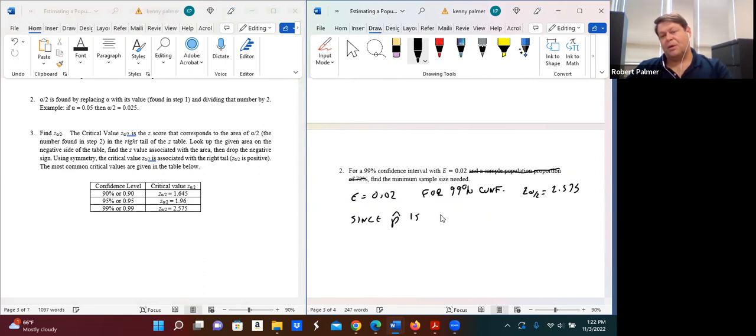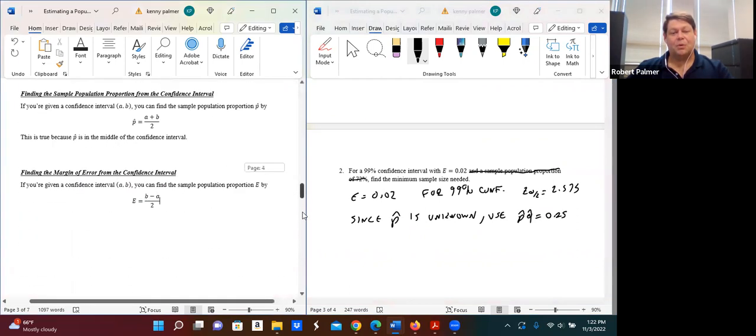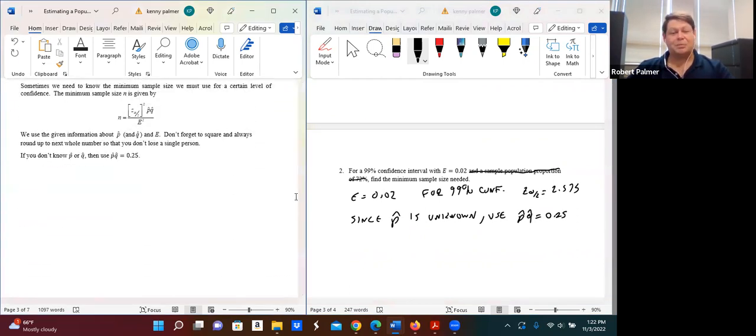Now here, since P is unknown, we're going to use P hat times Q hat equal to 0.25. It turns out that for any P and Q you have, remember Q is 1 minus P, 0.25 is actually the maximum.